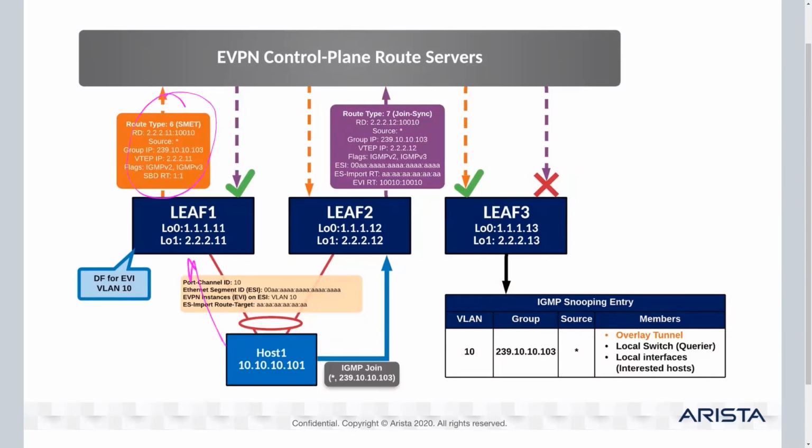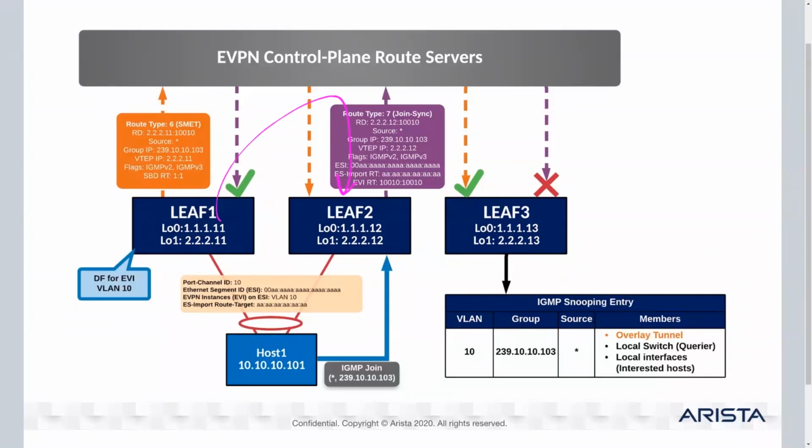But leaf 1, connected to this ESI, realizes that even though it's the DF, there are still other VTEPs connected to this ESI and this EVI, VLAN 10, and it needs to make sure they realize that an IGMP join came in on this local segment. So even though leaf 1 is the DF, it will still originate the type 7, and it will be imported and processed by leaf 2 so that it can populate its IGMP snooping table based upon which EVI and ESI that route was received.